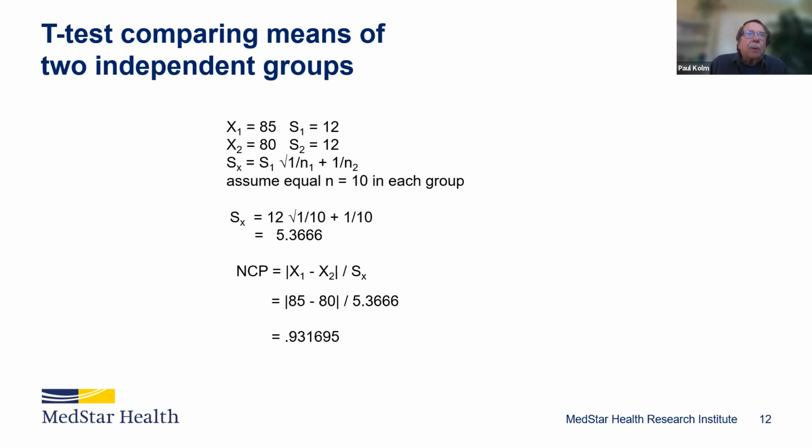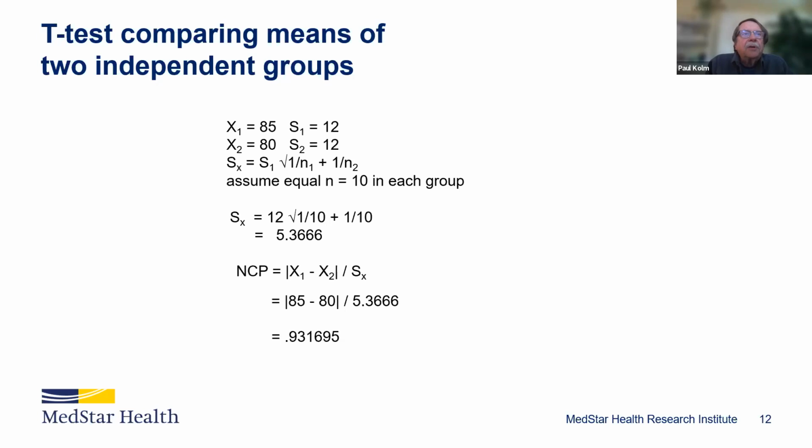S sub x represents our common standard deviation, which is equal to the standard deviation of one of the groups, since it's the same in this case, times the square root of the reciprocals of the n. And so let's say that we have 10 in each group.